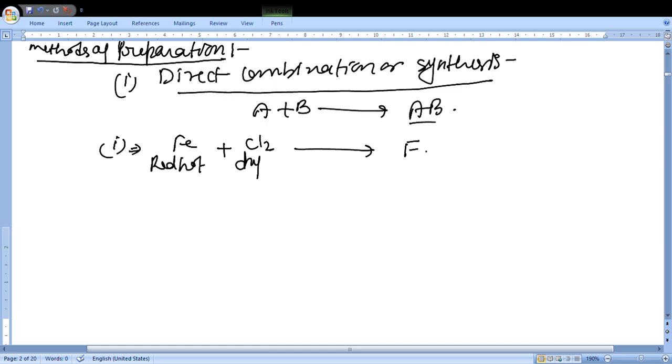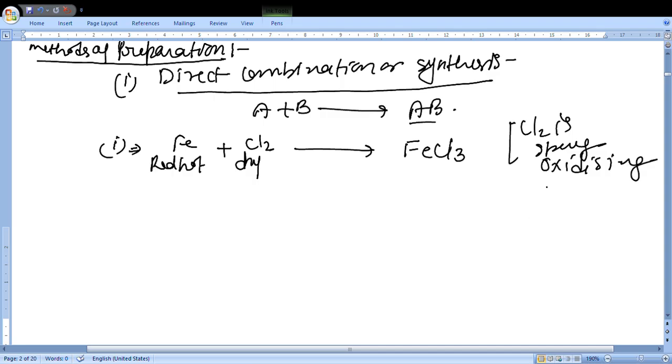FeCl2 will not be formed, it will form FeCl3. Reason: chlorine is a strong oxidizing agent. So it will oxidize Fe into Fe3+, not into Fe2+. So it will form 2Fe + 3Cl2 gives 2FeCl3.